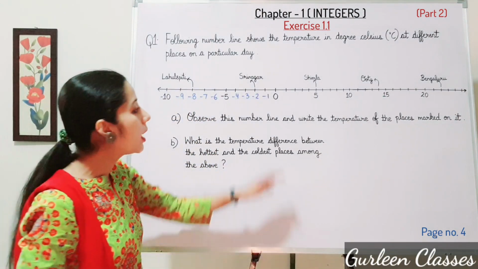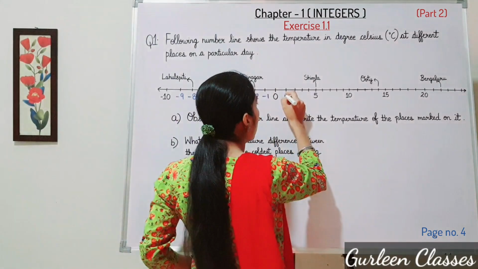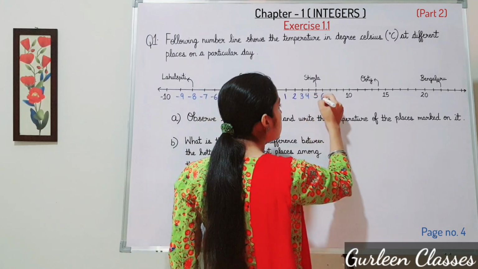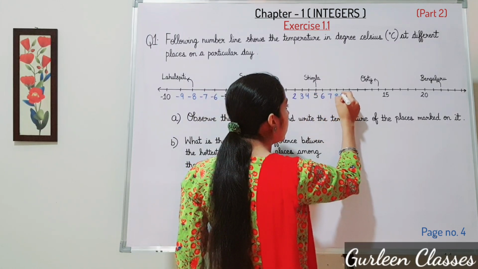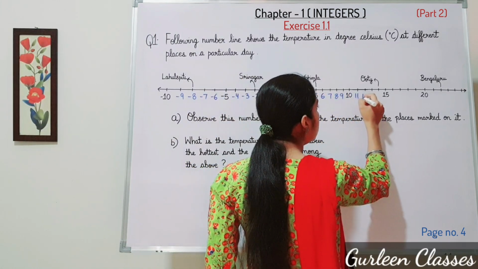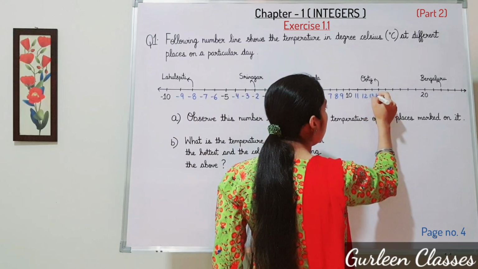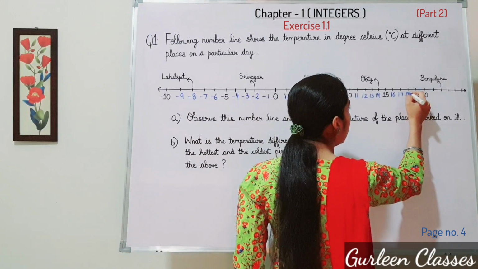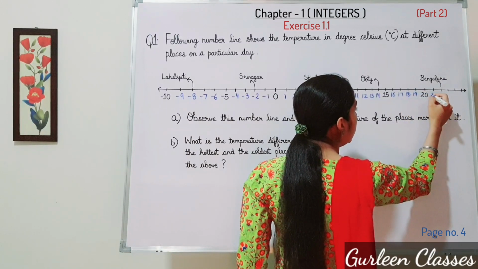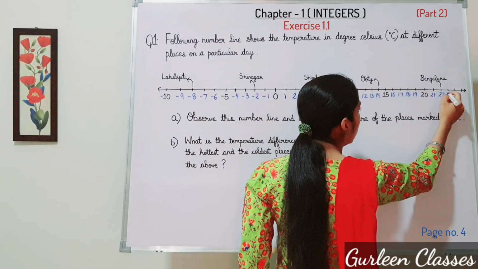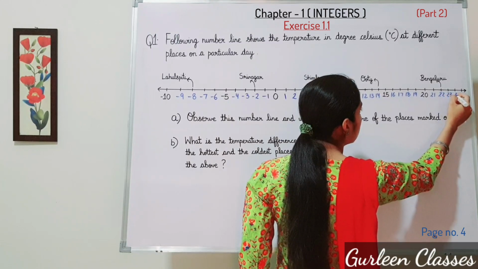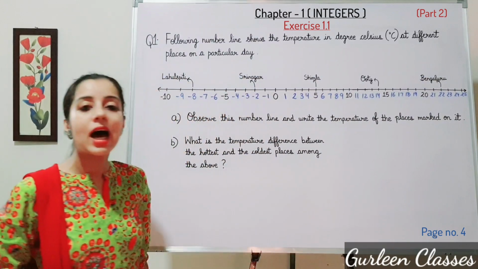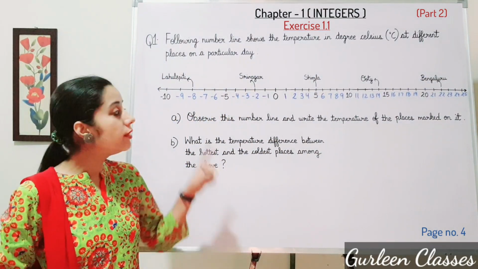So now we have to write the positive integers. 1, 2, 3, 4, 6, 7, 8, 9, 11, 12, 13, 14, 16, 17, 18, 19, then 21, 22, 23, 24 and 25. So now we have to write the temperature of the places.